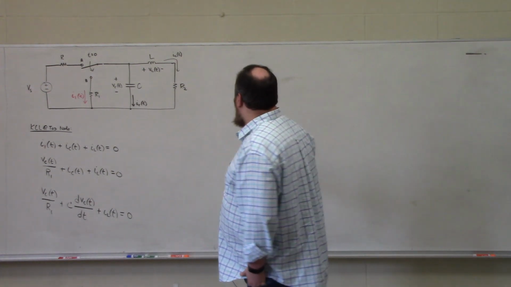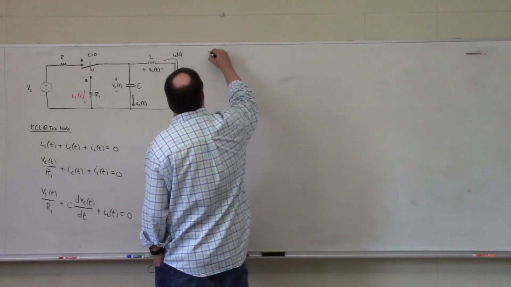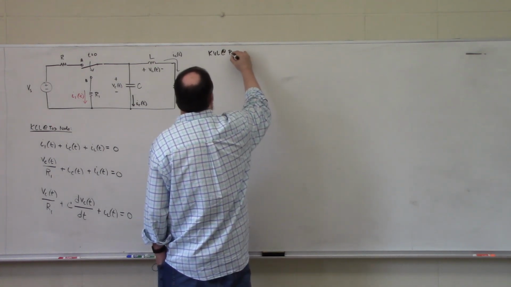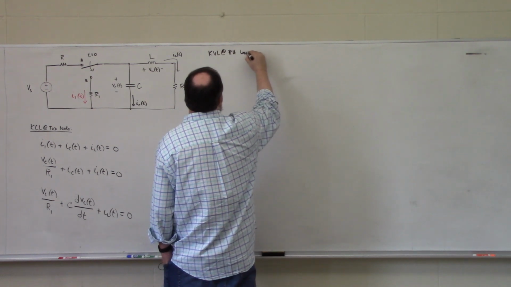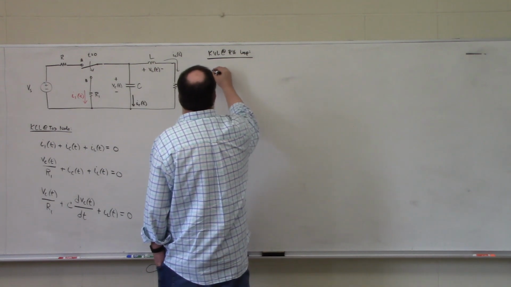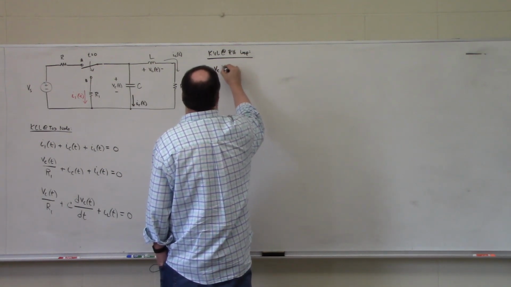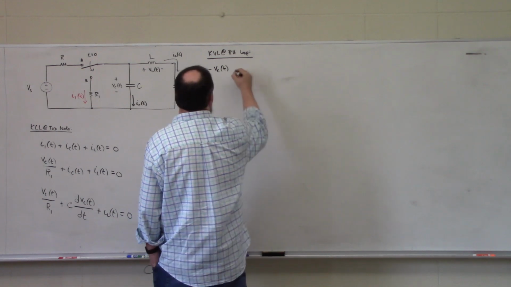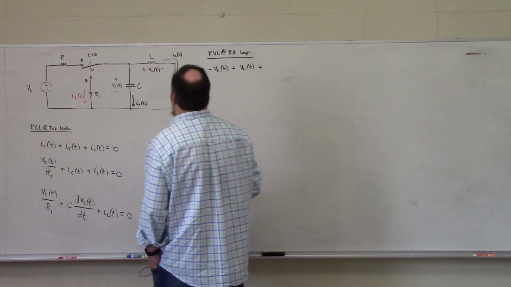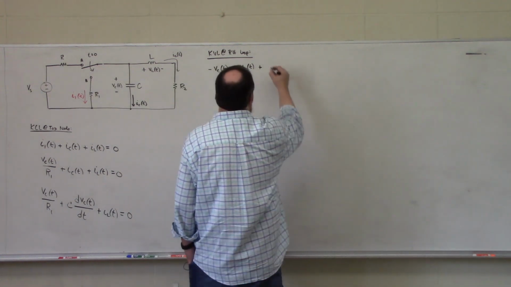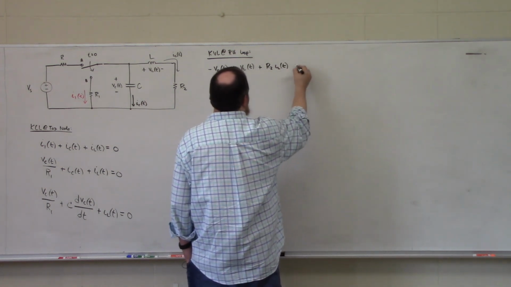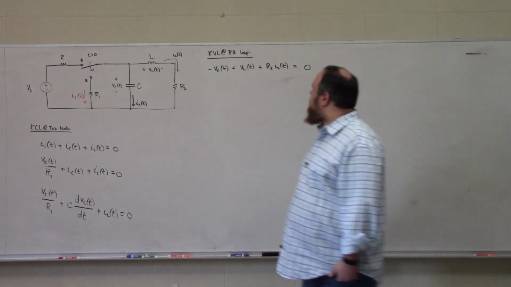I could write a KVL equation around my right-hand loop, and I would get negative VC of T plus VL of T plus R2 times IL of T is equal to 0.